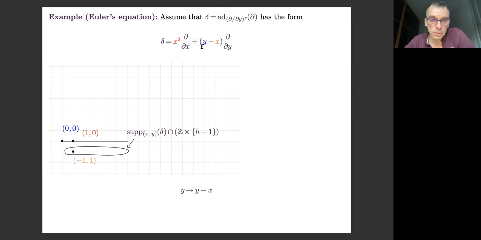This is precisely the way to make y minus x become just y. But once you do this, you have to recall that there is a contribution that comes from the red vertex, which in fact gives you this new expression here.